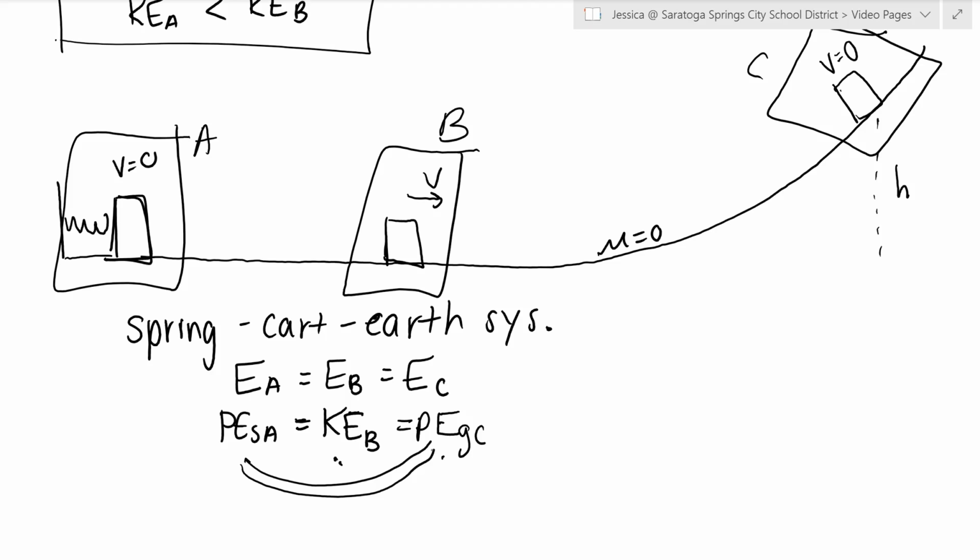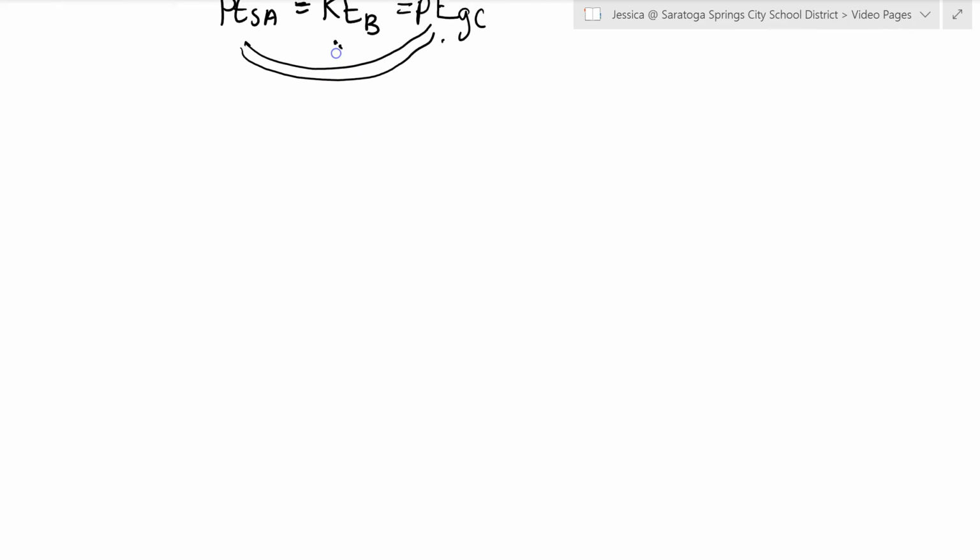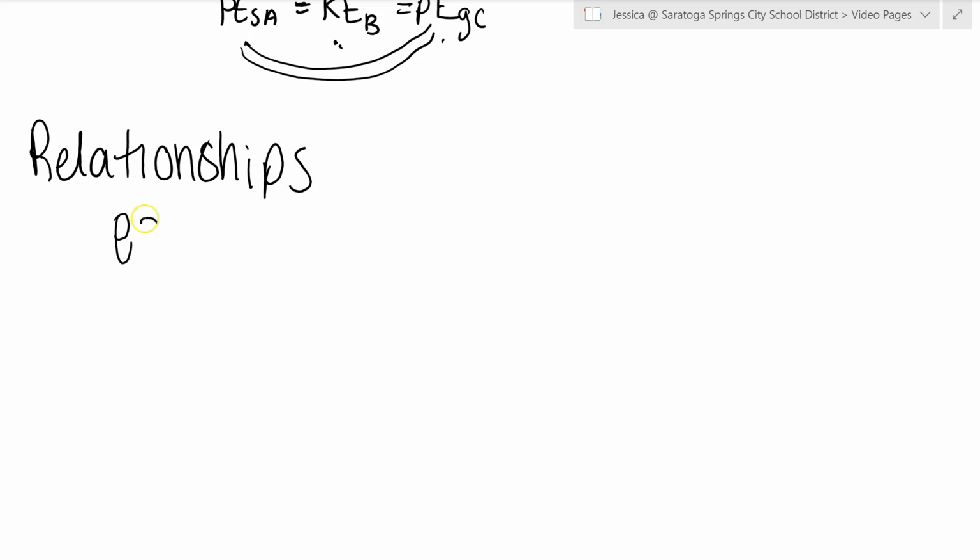Okay. All right, so last thing I want to talk about in this video is some important relationships. Okay, so let's say we have a system that is converting between gravitational potential energy and kinetic energy. I'm putting a double arrow because it doesn't matter which direction it's going.